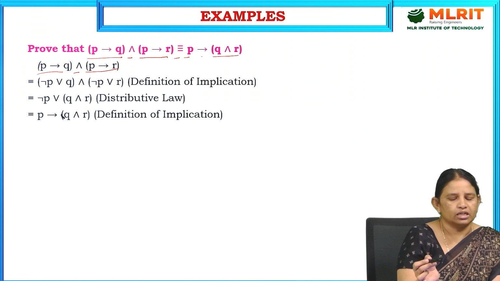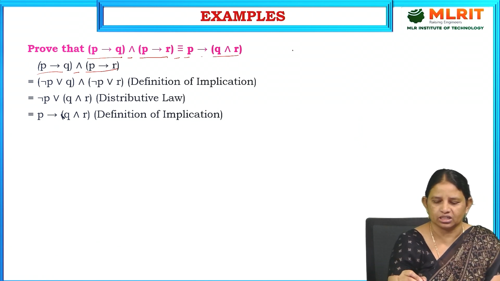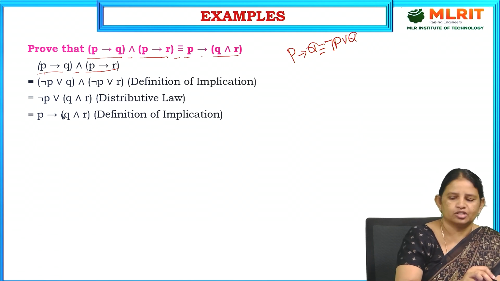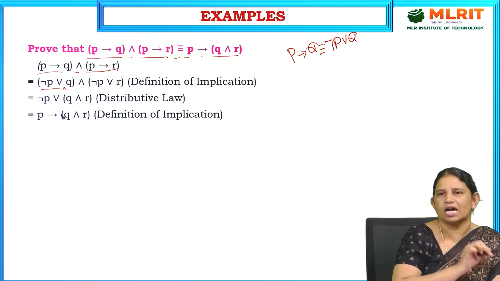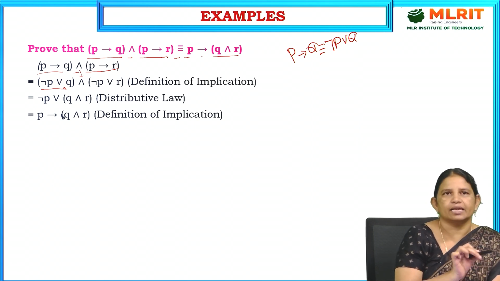According to the implication law, or conditional law, we know that P → Q is equivalent to ¬P ∨ Q. What is present in the place of P and Q? P and Q only. We get ¬P ∨ Q as the first proposition. There is an AND, write the AND as it is.